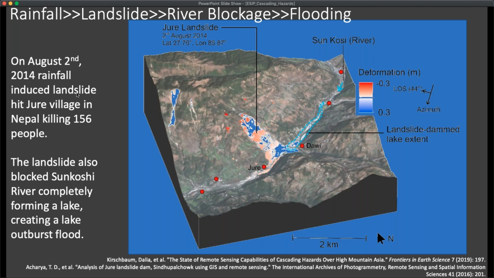So luckily, they were able to blast part of the blockage and release the water slowly. But nonetheless, these things are very scary, and they happen quite a lot in mountainous terrains like Nepal.